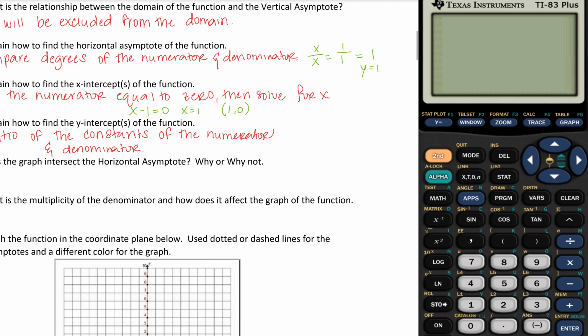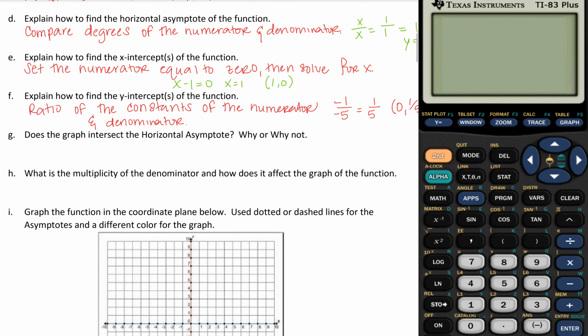All right, so what does that look like, right? I had x minus 1 over x minus 5, so I look at the constants, which are negative 1 over negative 5, and I know that they simplify to become 1/5, so I know I have a point at 0, 1/5.